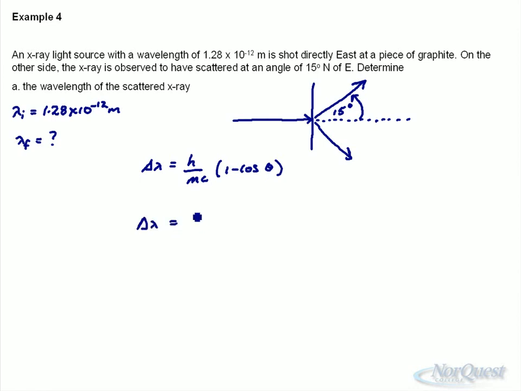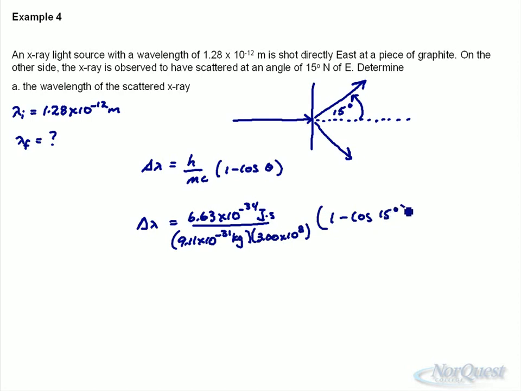So it's 6.63 times 10 to the negative 34 joule seconds divided by the mass of the electron times the speed of light, and again, multiplied by 1 minus cosine 15 degrees.